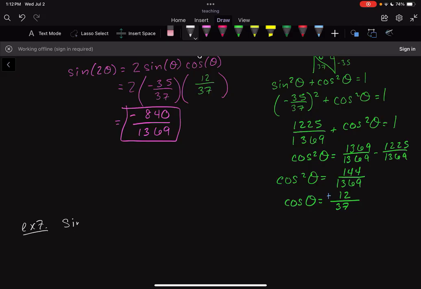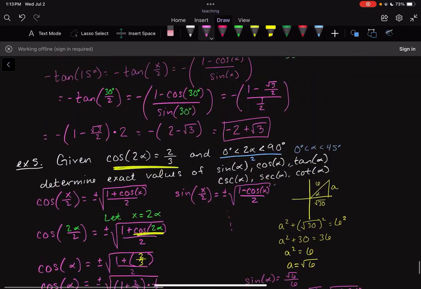This one says to simplify 2 cosine squared 15 degrees minus 1. So this one, it's looking like it's giving you one of the other sides of the identity.